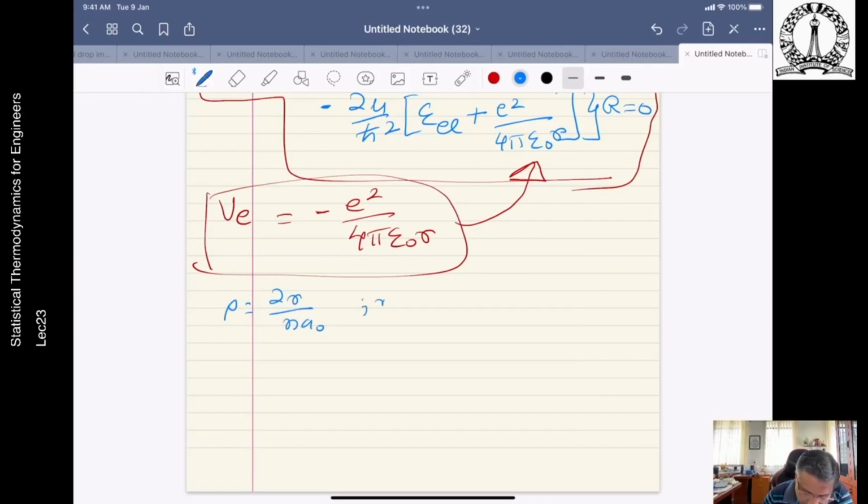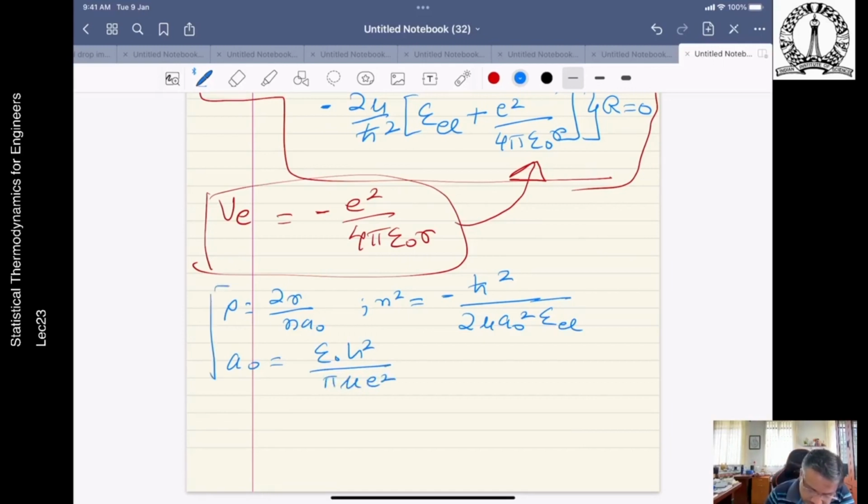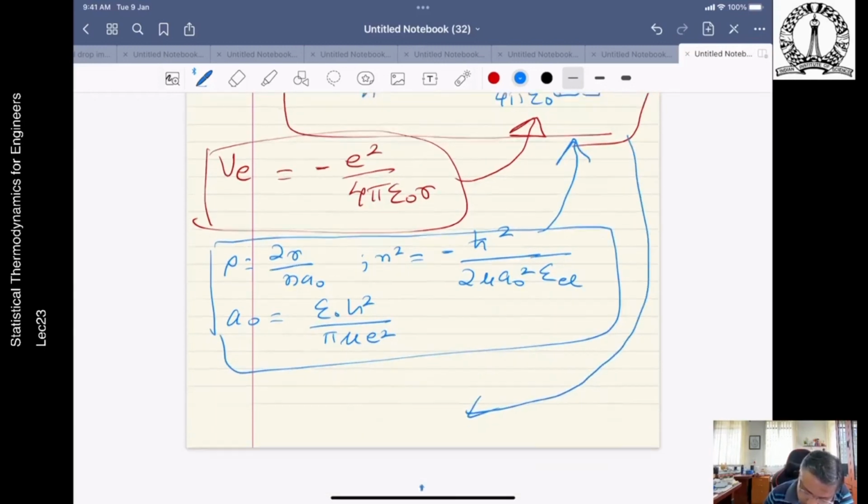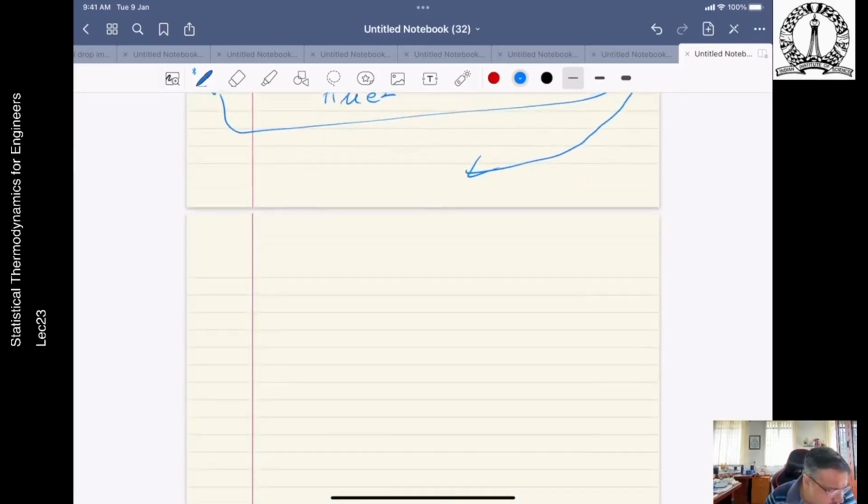Then we define n squared is equal to minus h bar squared over 2 mu a naught squared times the electronic energy, and a naught finally is given as this. These are the three variables we define, and then we use these variables to transform this equation.